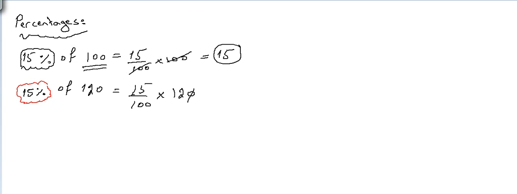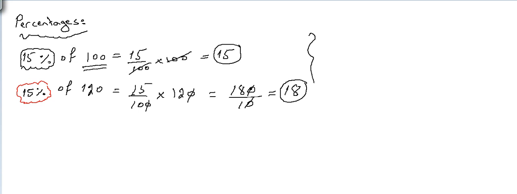What we are doing is dividing the numerator and the denominator by the same number, which is 10. And then 15 times 12 is 180. That's what we usually do in class when we want to solve a percentage problem. Divided by 10, the answer is 18.